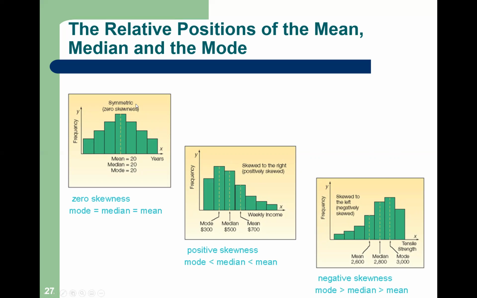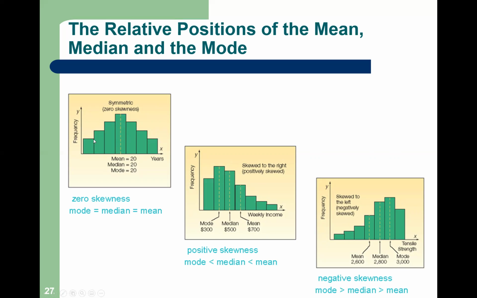In a symmetric or normal distribution, the mean, median, and mode of the data are the same. Here you can see mean, median, and mode are the same. Why is it called normal distribution? Because you can see there is a bell-shaped graph. If you draw a graph over here, it would be bell-shaped.